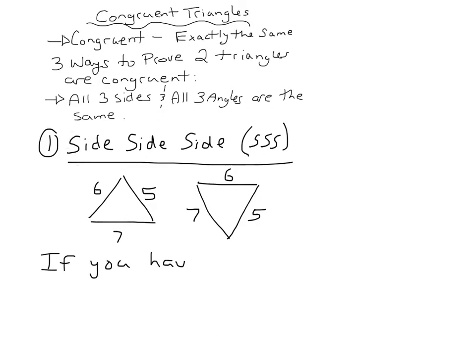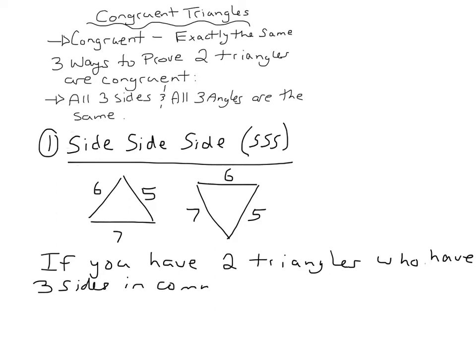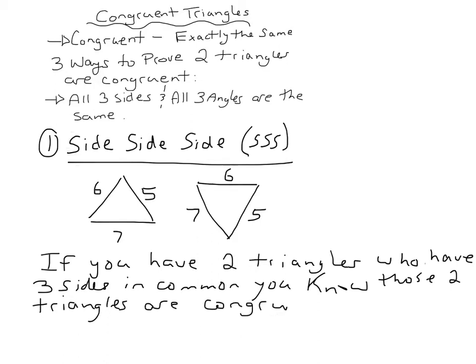If you have 2 triangles who have 3, so it's all 3 sides in common, those two triangles are congruent.